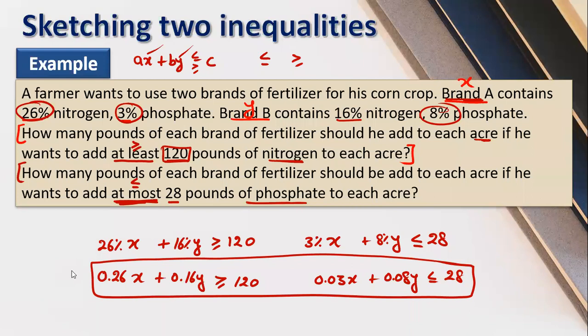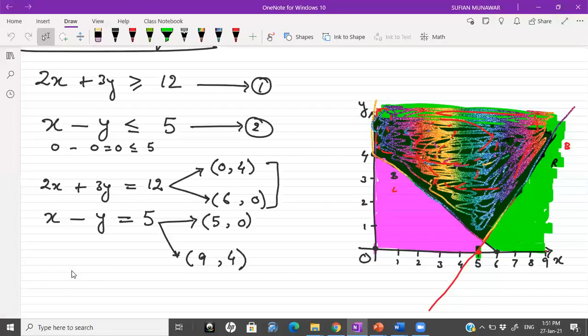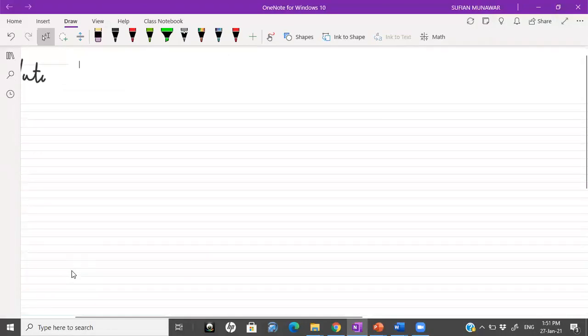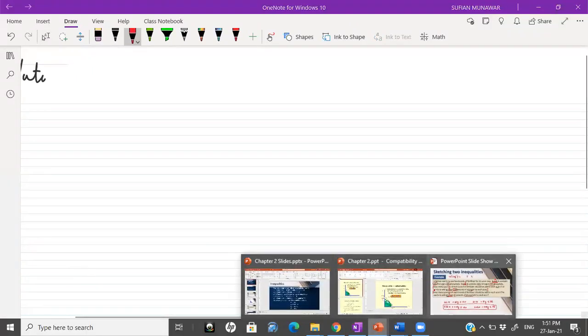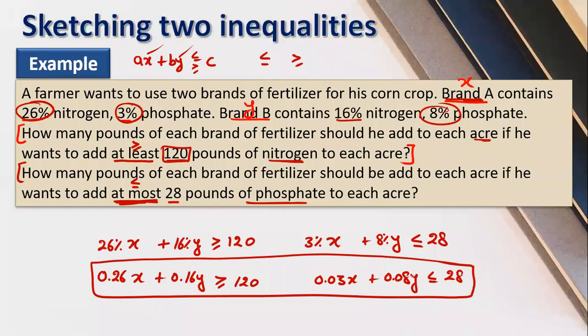Doctor, I have one question. Yeah, go ahead. Under what condition do we decide that this one is x and this one is y? If I convert it, will it give me the same solution? Look, you will learn this with practice. Identifying the variables from the question is a very hard thing, by the way.